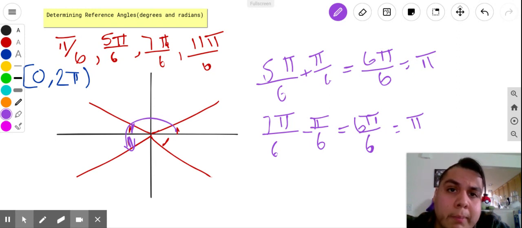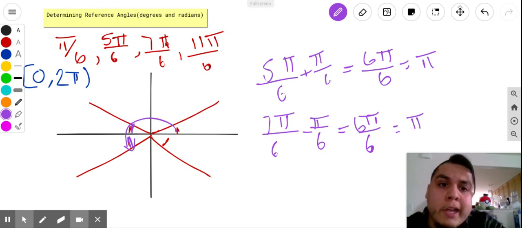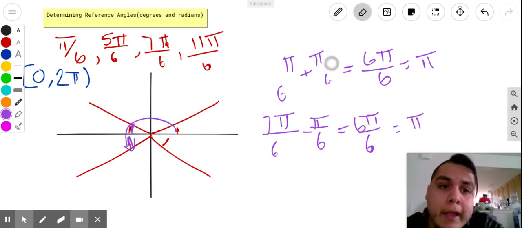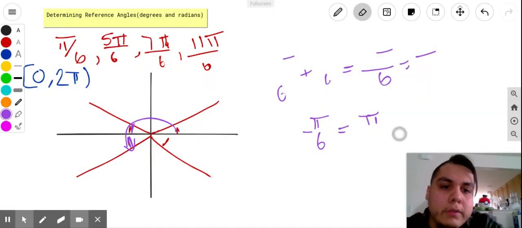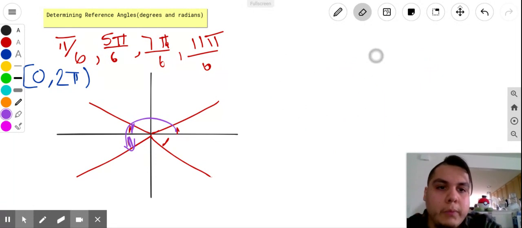But if I'm talking about angles past the 0 and 2 pi, like outside that interval, well, I just need to add a rotation. A rotation would be 2 pi. So in terms of pi over 6, that 2 pi becomes 12 pi over 6. Okay?